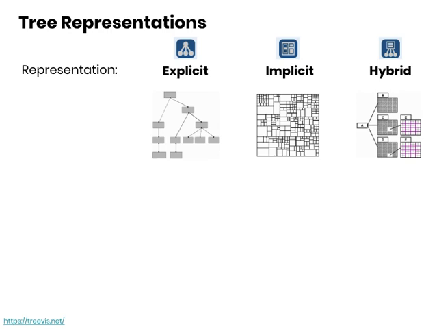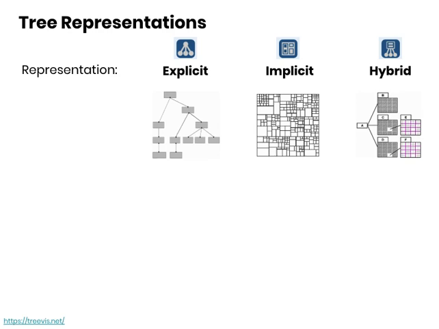Let's wrap up on tree representations. We've discussed explicit tree representations. Those are the ones where nodes are shown as points, squares, rectangles, whatever, and parent-child relationships are shown as links. You have usually the root node on the top, on the left, and the children going down or to the right.